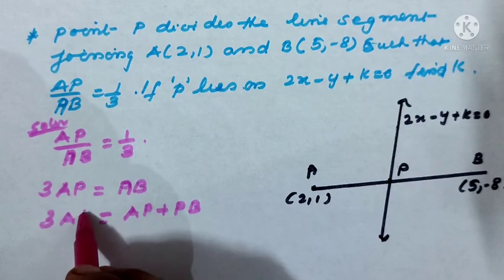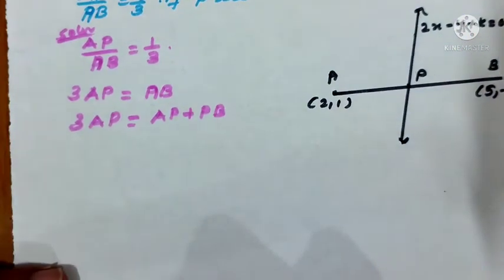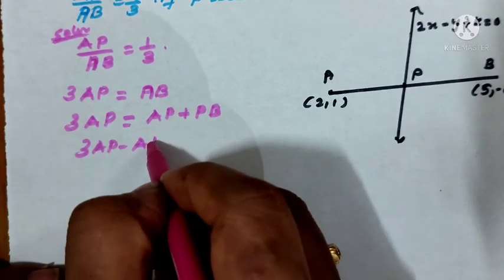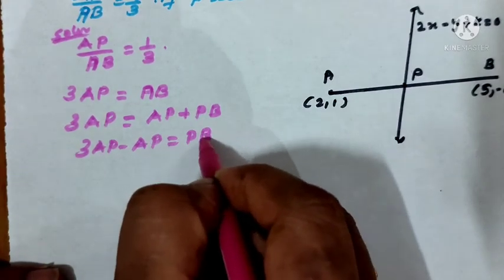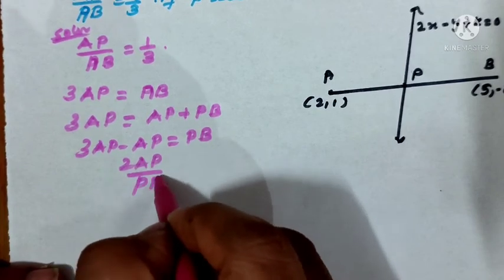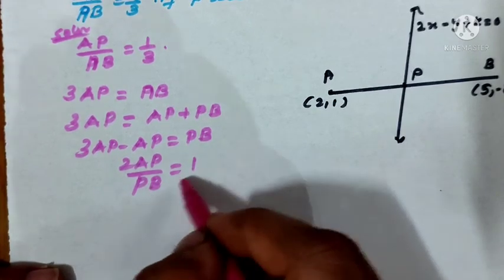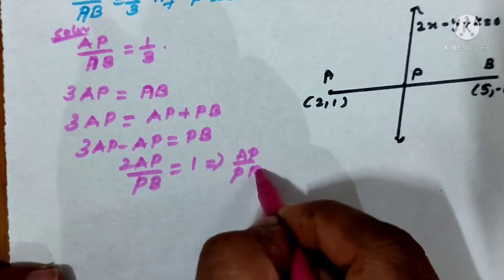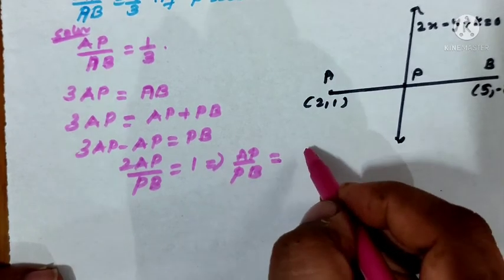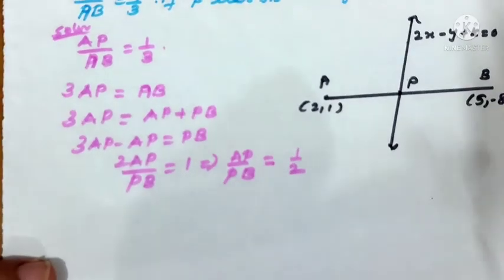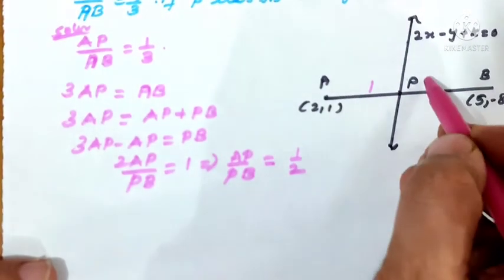So AB we should split as AP plus PB. Now AP we have to bring to the same side. So 3AP minus AP equals PB. So 2AP by PB equals 1. So what is the meaning of this? AP by PB equals 1 by 2. So the ratio is 1:2.